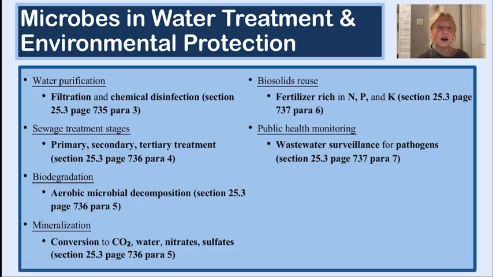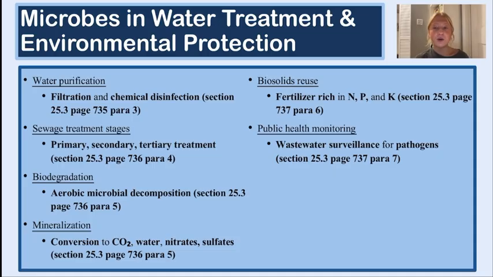There are also microbes in water treatment that help protect the environment. Microbes are essential to the treatment of water and protecting public health and the environment. Drinking water is purified through filtration and chemical disinfection, while sewage treatment also relies heavily on microbial activity across 3 different stages. During secondary treatment, diverse communities of bacteria, algae, and protozoa aerobically degrade organic matter.